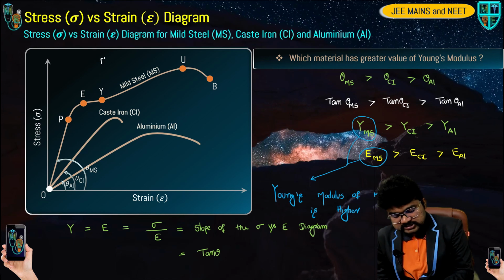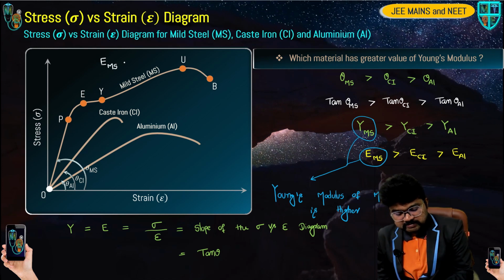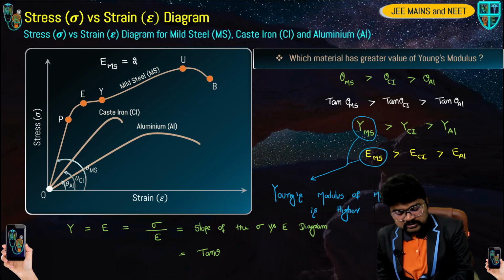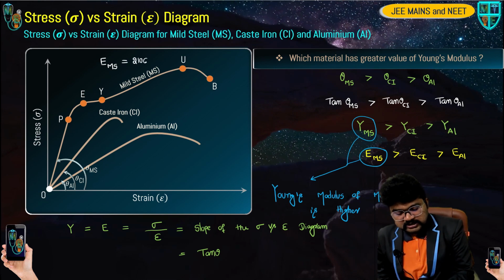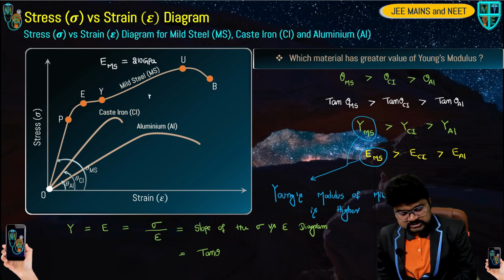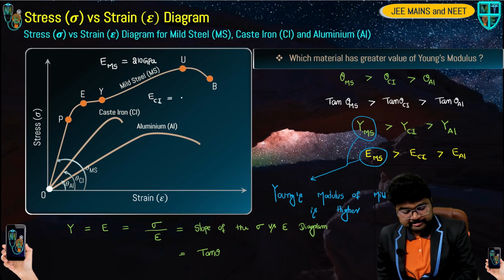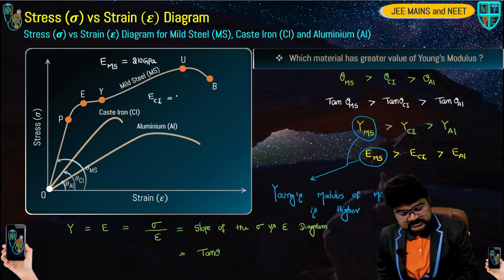If you are interested to know the values, you can write it down. Young's modulus of mild steel is equal to 210 gigapascal. Young's modulus of cast iron is 100 gigapascal.